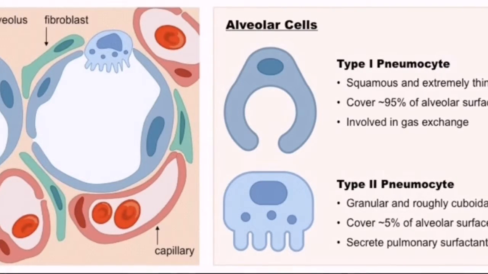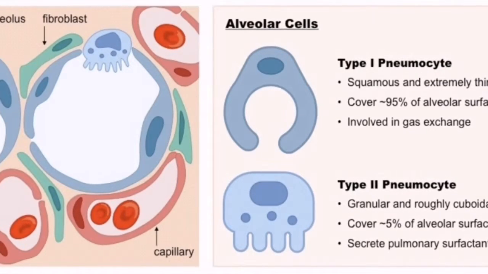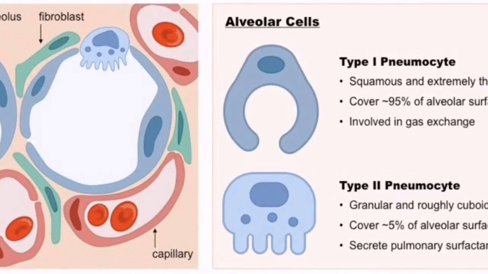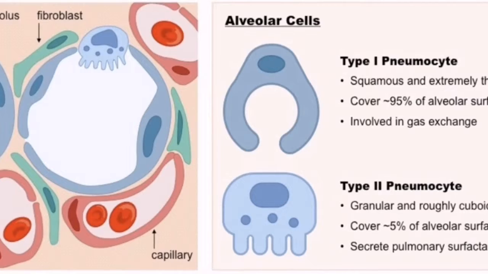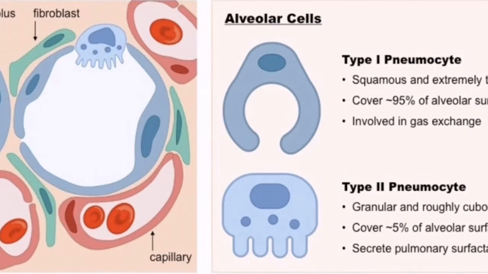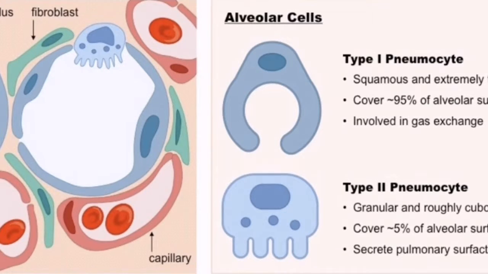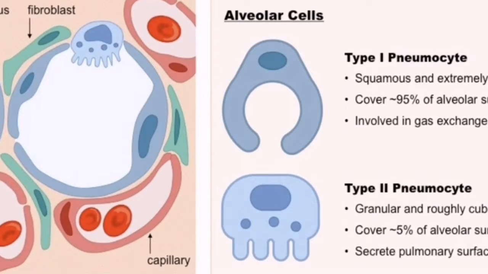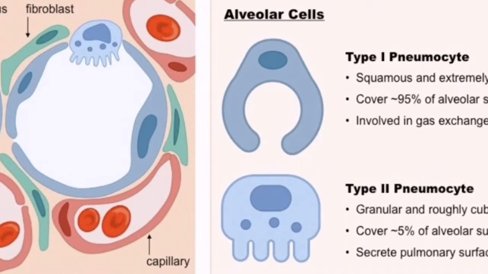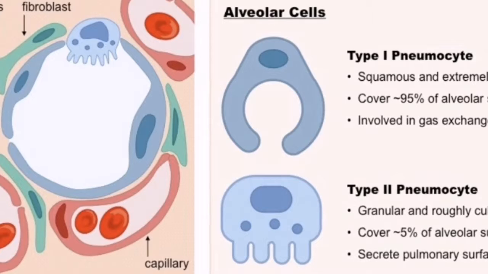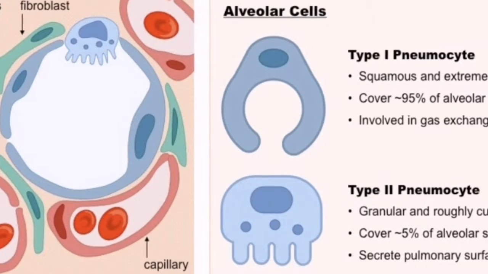The alveoli are lined by two types of epithelial cells. Type 1 cells are flat cells with large cytoplasmic extensions and are the primary lining cells of the alveoli, covering approximately 95% of the alveolar epithelial surface area, while type 2 cells, the so-called granular pneumocytes, are thicker and contain numerous lamellar inclusion bodies.